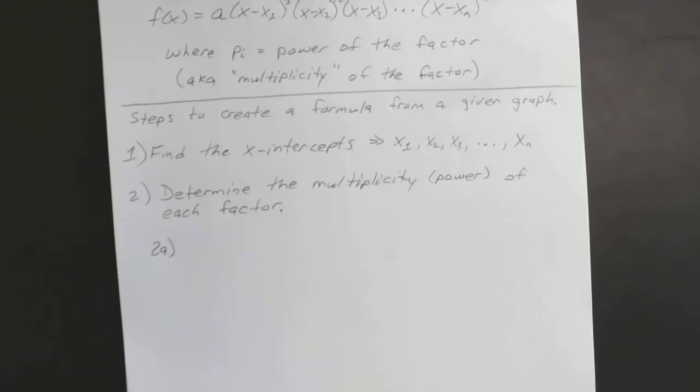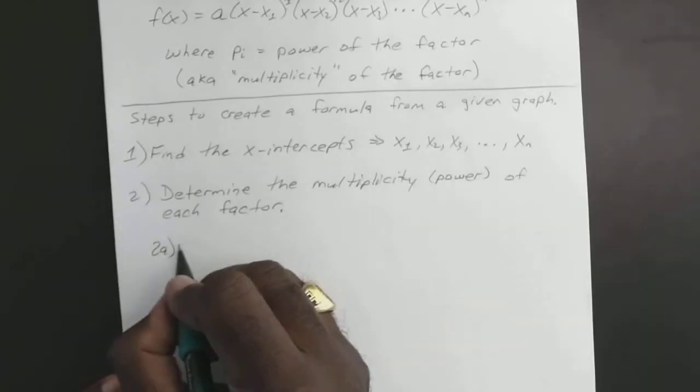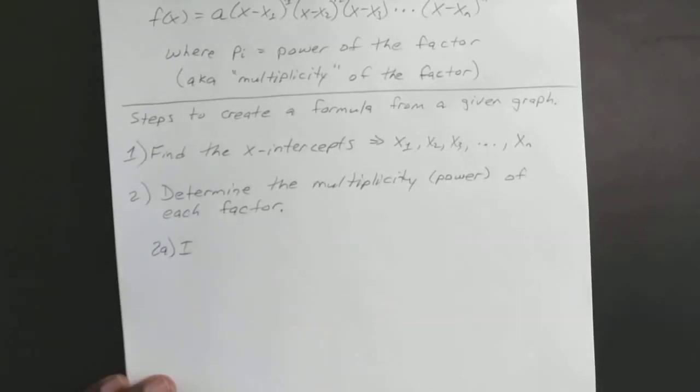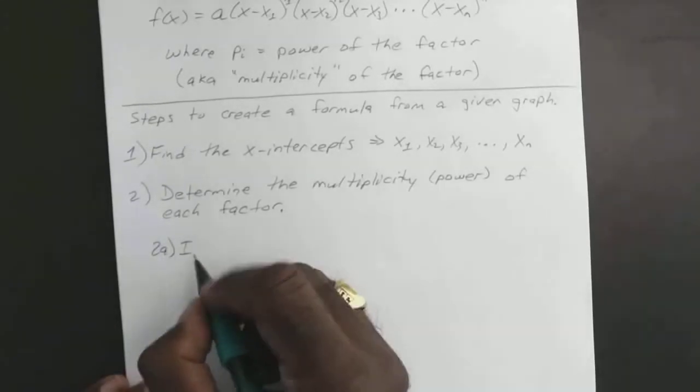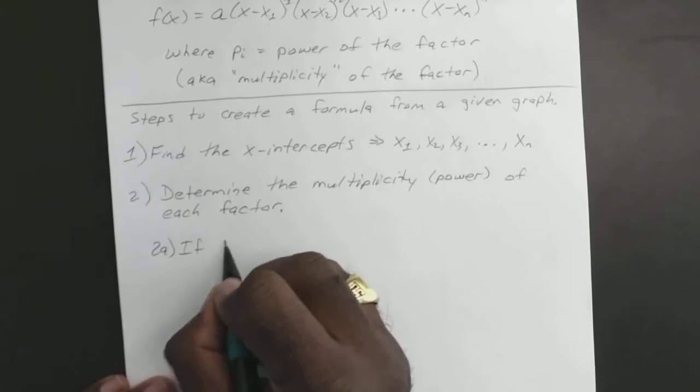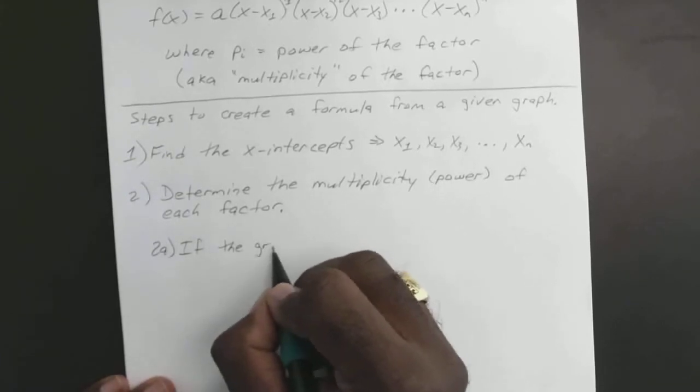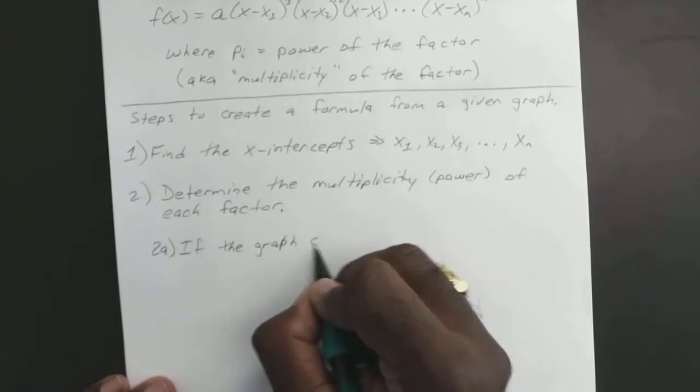Say for 2a, if you have a graph and it crosses completely, then you know that power is going to be odd. I'll show you examples of each of these when we do the example.